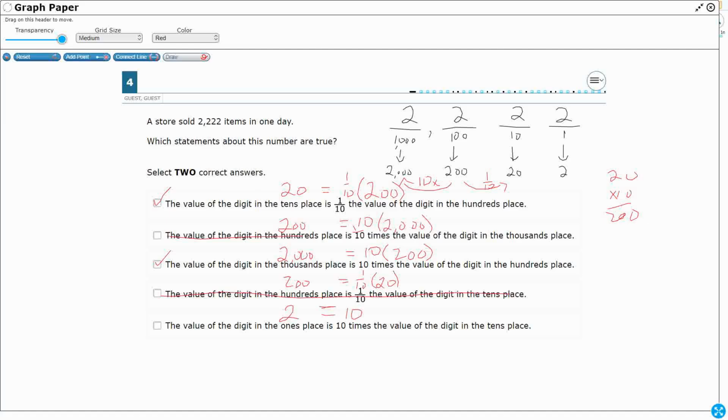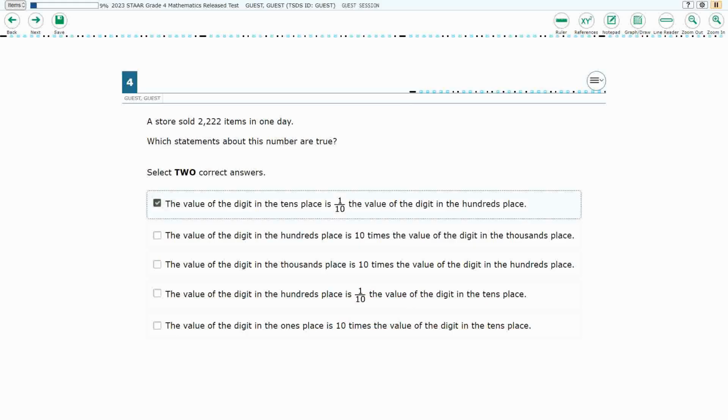Well, what's the digit in the tens place? That's a 20. Yeah, that doesn't make any sense. 10 times 20 makes 200. It's the wrong way, right? That would be 1/10 would be better. All right, so we found our two answers, first and third.